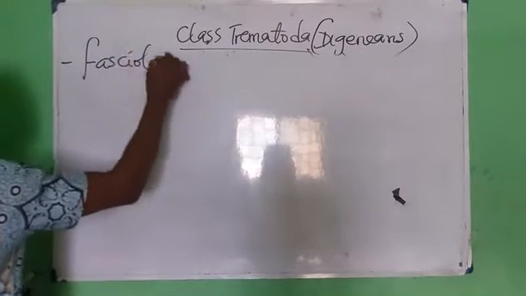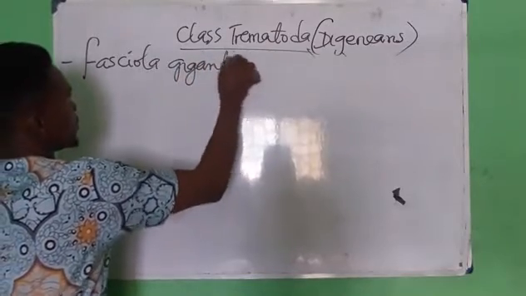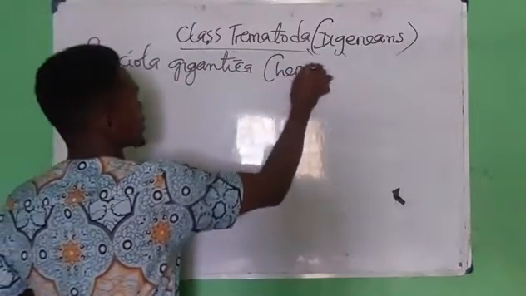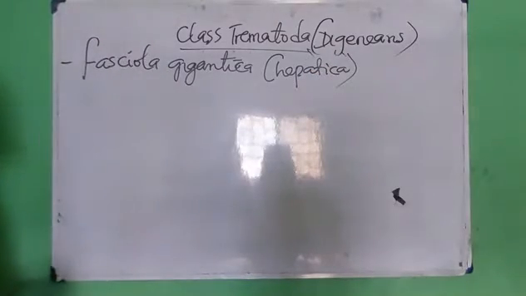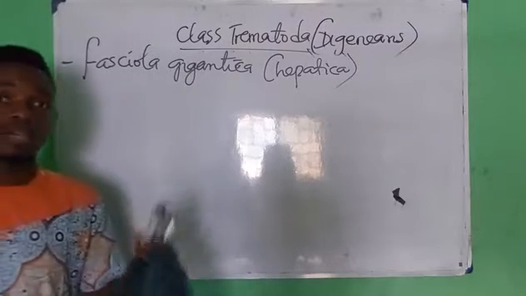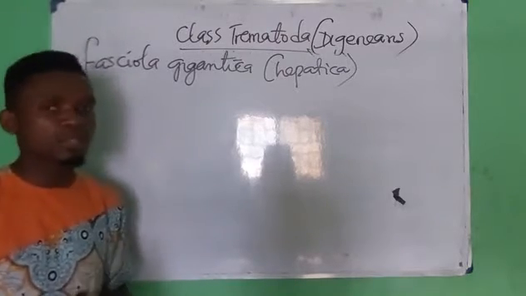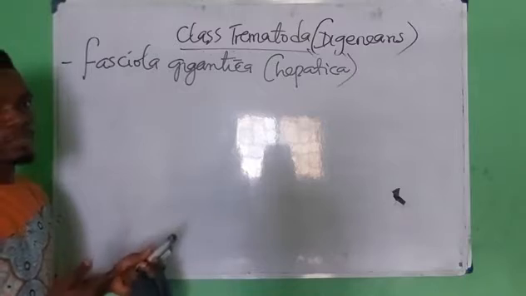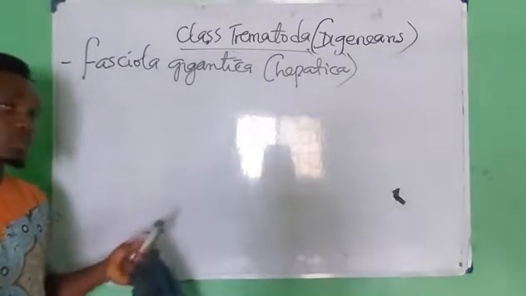Fasciola gigantica, or hepatica. Please take note that the primary host is a mollusk, which is an invertebrate, and the intermediate host is a vertebrate: goats, sheep, and cattle, and man as well.